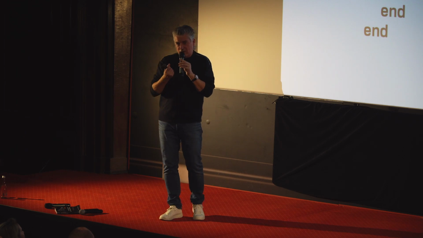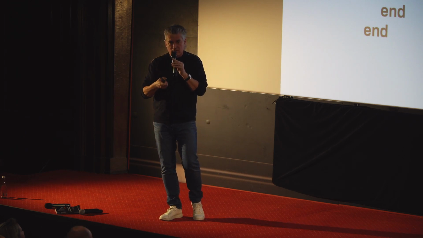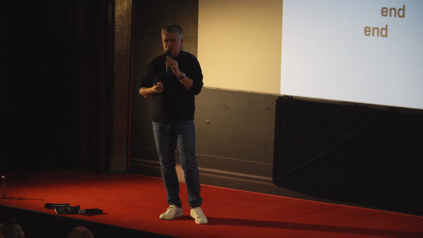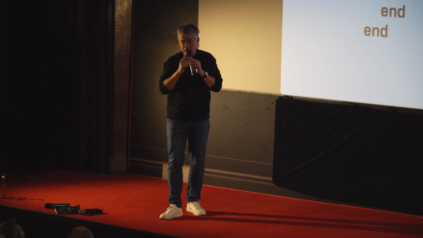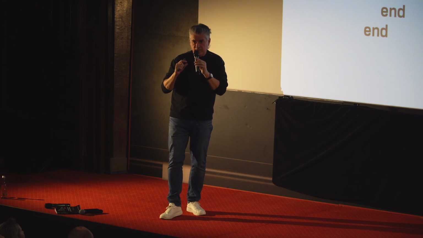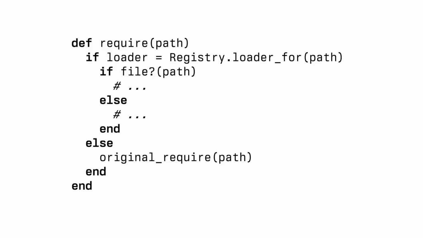So gems that are very concerned about loading things, it's natural that they have to decorate kernel require a little bit. But in the case of Zeitwerk, it's super, super thin. Okay? And this is where the registry enters into play. Because if there's a require, the registry says, do you have a loader for this path? Okay?